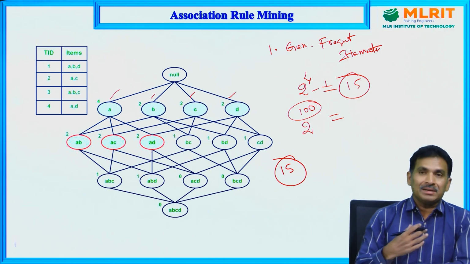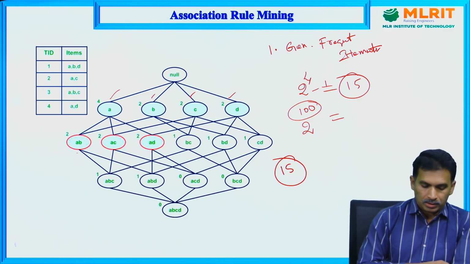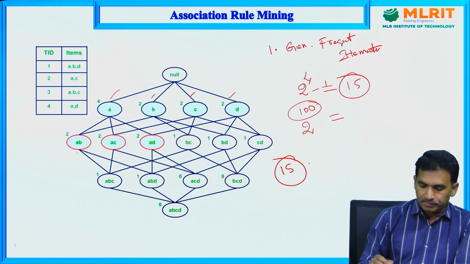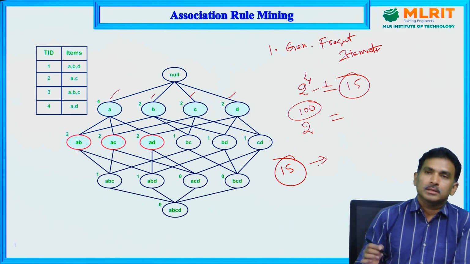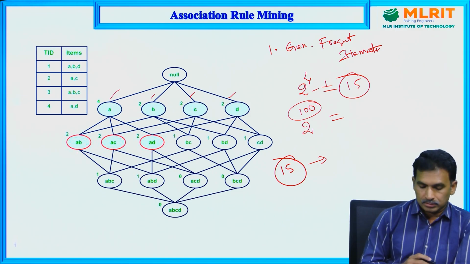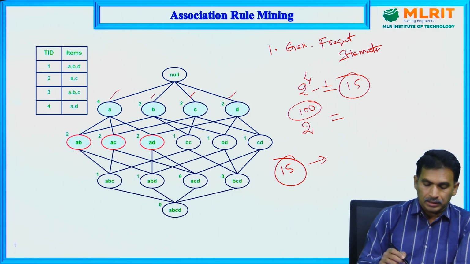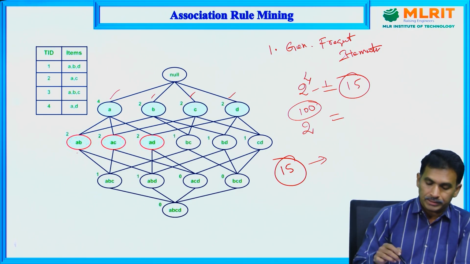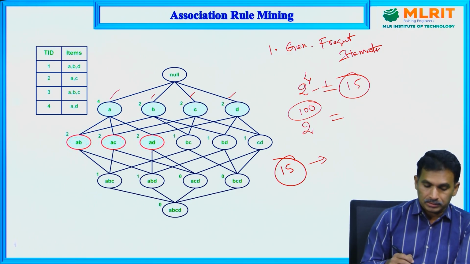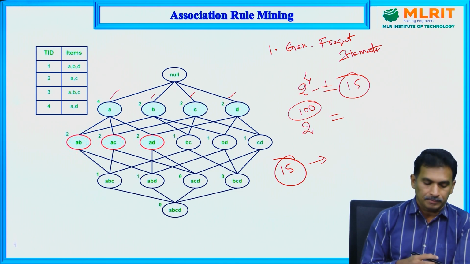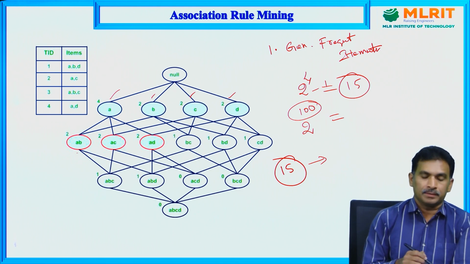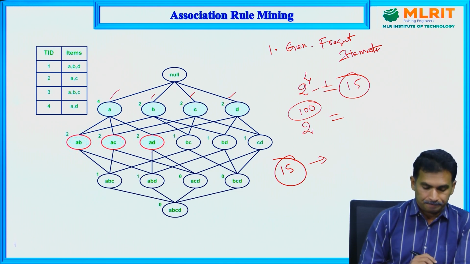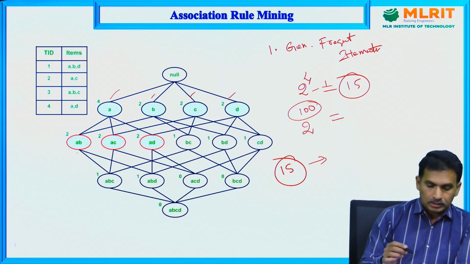These are infrequent. Generating these 15 item sets, checking their frequency, and then determining which are frequent is a very time consuming process.